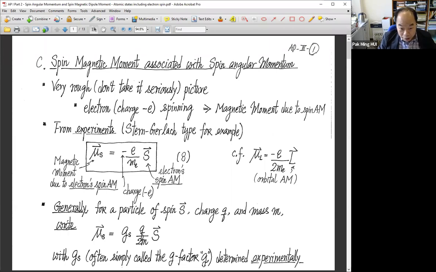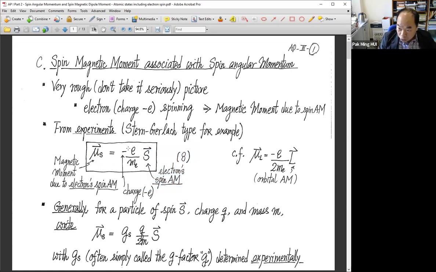Okay, let's continue, summarizing those Stern-Gerlach results. There is a new magnetic dipole moment attached to the electron. It is related to a proposed new angular momentum called spin angular momentum.